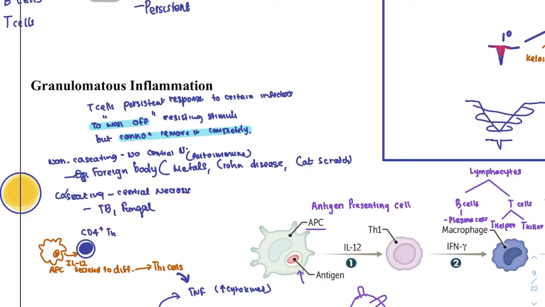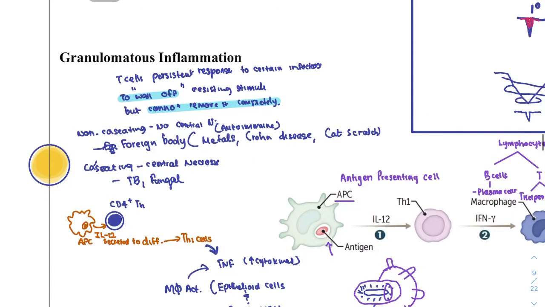There's two types. Caseating, very similar to what happens in caseous necrosis. In the middle you get central necrosis, and it's seen in TB and fungal infections. Or it can be non-caseating. There is no central necrosis.